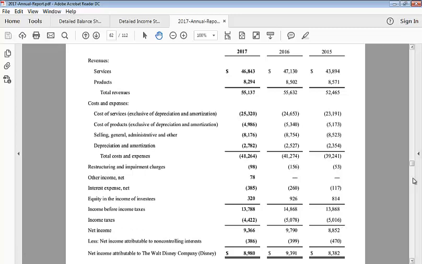Okay, now looking at this, we can see some things. We can see that Disney's income went down from the prior year. So in 2015, they had $8.3 billion in net income. It went up to 9.3, and now it's down to 8.9.